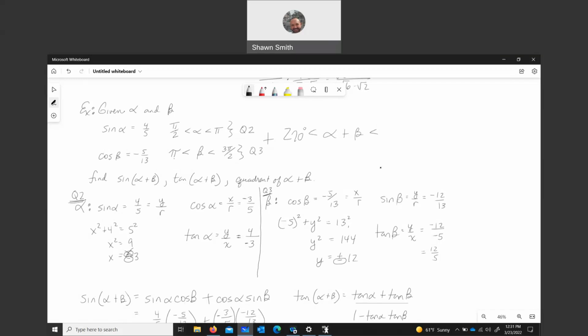This is pi, 180, and 3 pi over 2, 270. So 180 and 270, that is 450 degrees. So between 270 and 450, that's from here to here. So you had these two options as possibilities. Now we don't know specifically what alpha and beta are. We can find that out, but that's another lecture.